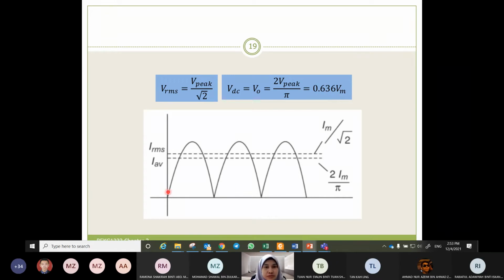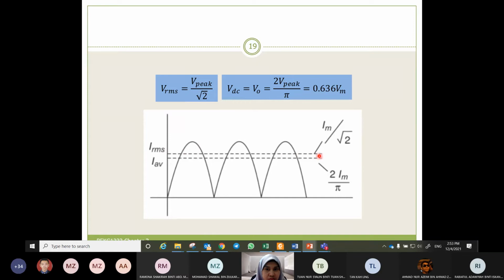So V peak is here, or I peak. Here the signal is current, I. This is the peak value, or I peak. This is the RMS value.